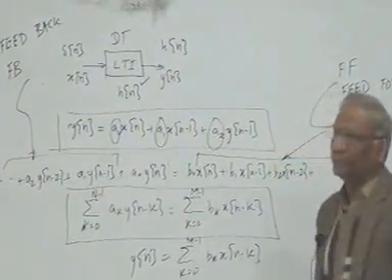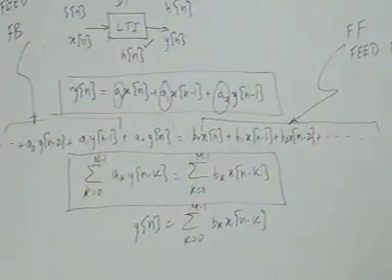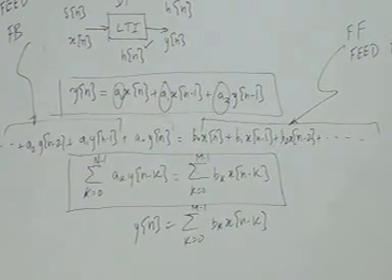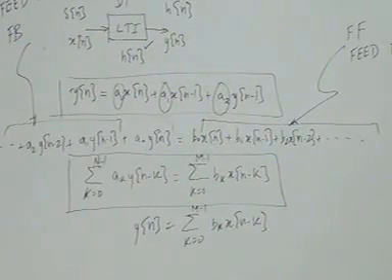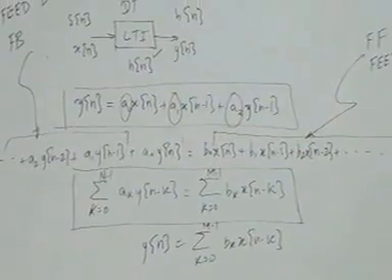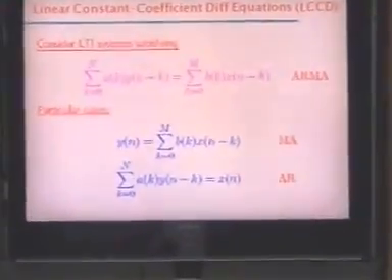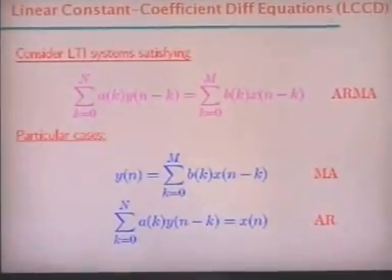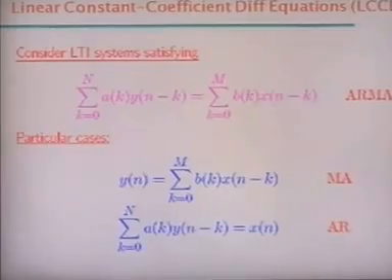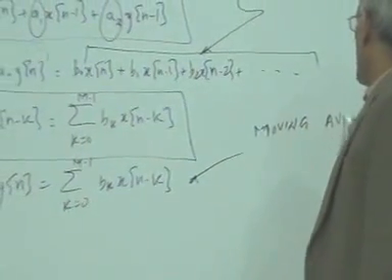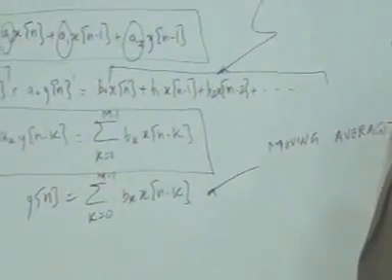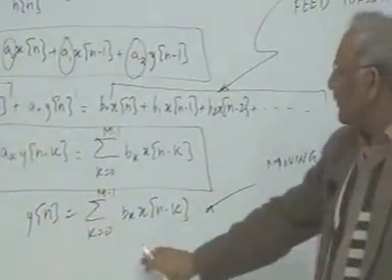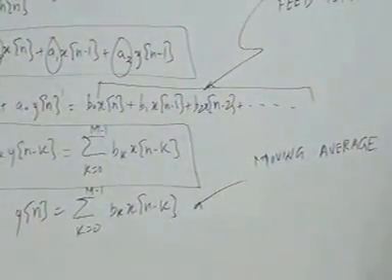If you come across this type of situation, where we just have feed forward terms and no feedback term in the system, then we call that system the MA system. What does MA stand for? We call this the moving average system. So if we have just feed forward terms, we will end up getting a moving average system.